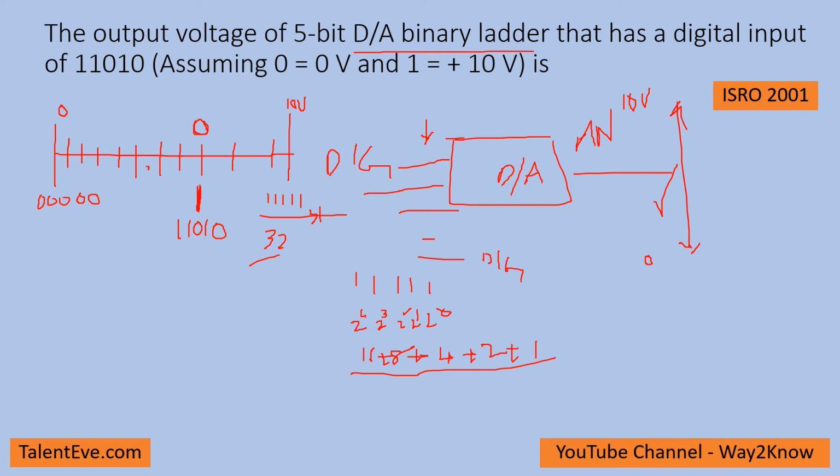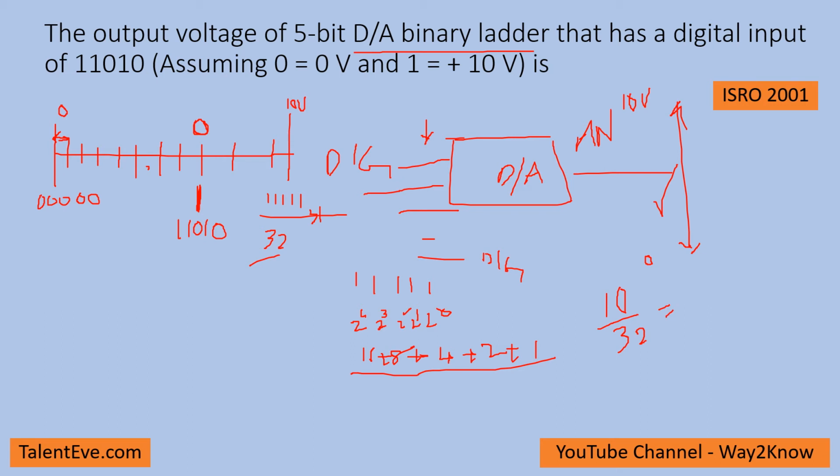Now there is one definition called the resolution. Resolution is nothing but the minimal step of analog value, such that 0 to 10 volts can be achieved using 32 values with such steps. It is calculated as total value divided by total number of steps.